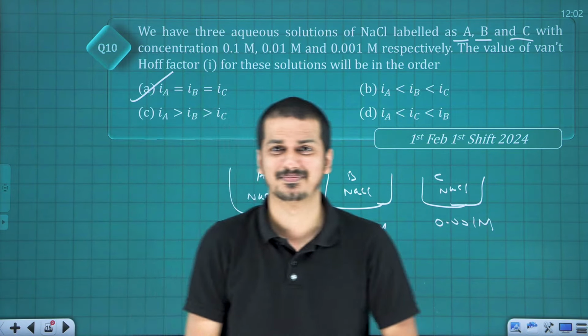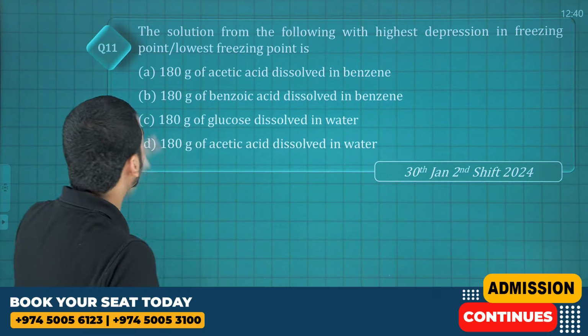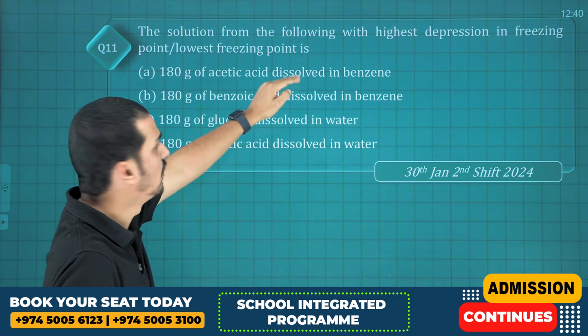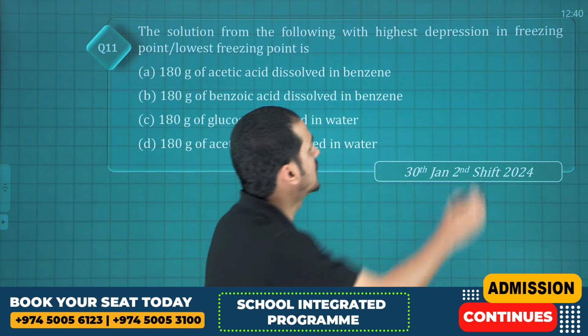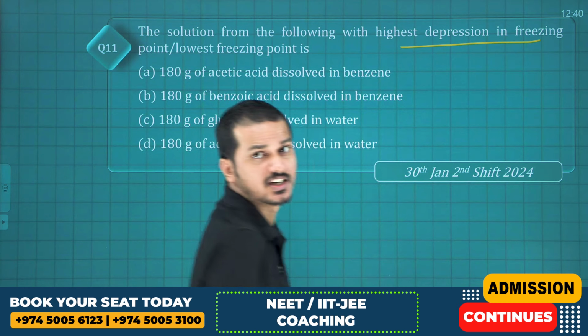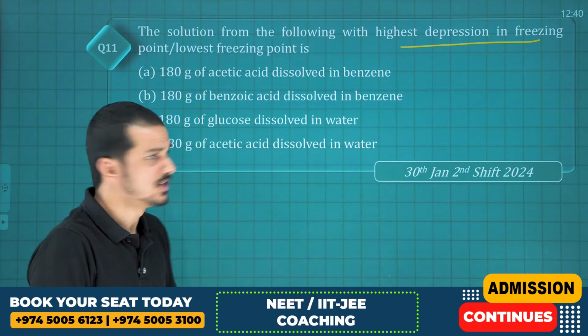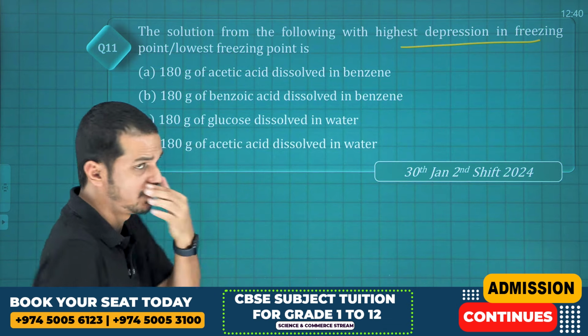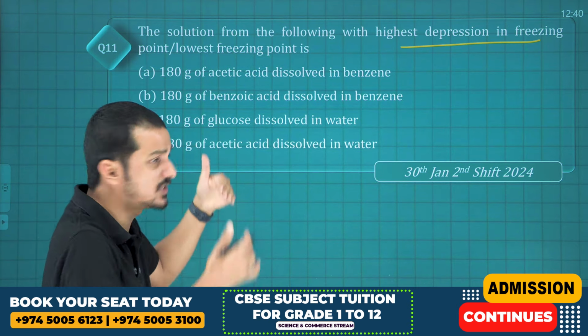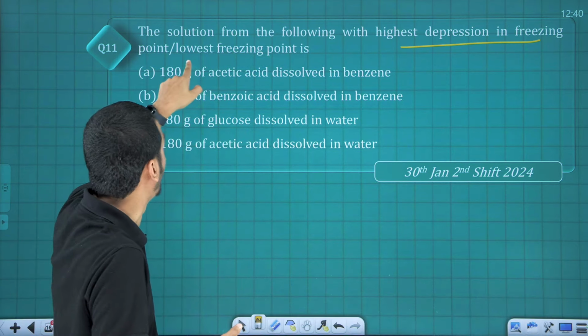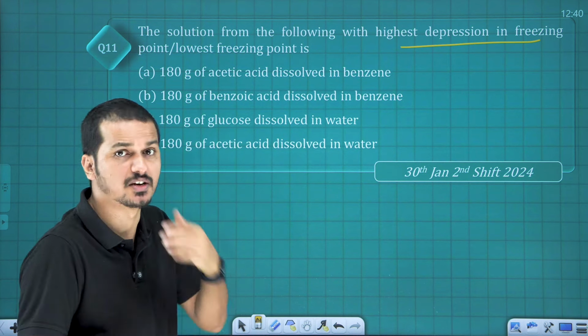Clear, dears? So dears, this is the next question. Which solution from the following has the highest depression in freezing point, or the lowest freezing point? They have given 4 solutions. Lowest freezing point means highest depression in freezing point.